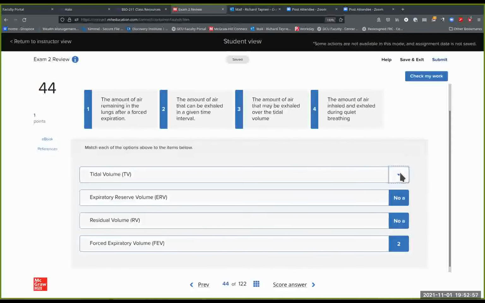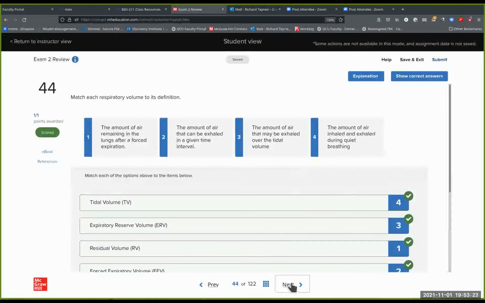Okay, tidal volume is number 4. FEV is number 2. There. Okay.